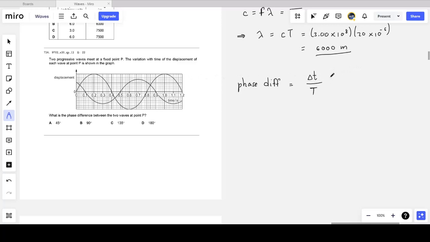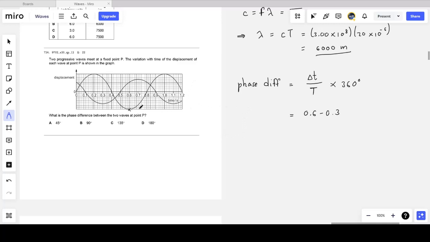And so we take that number and we multiply it by 360 degrees, because that's the angle for a full cycle. And what I'm going to take are two arbitrary values of time, 0.6 seconds minus 0.3 seconds, those 2 points being in phase, because those are subsequent troughs.